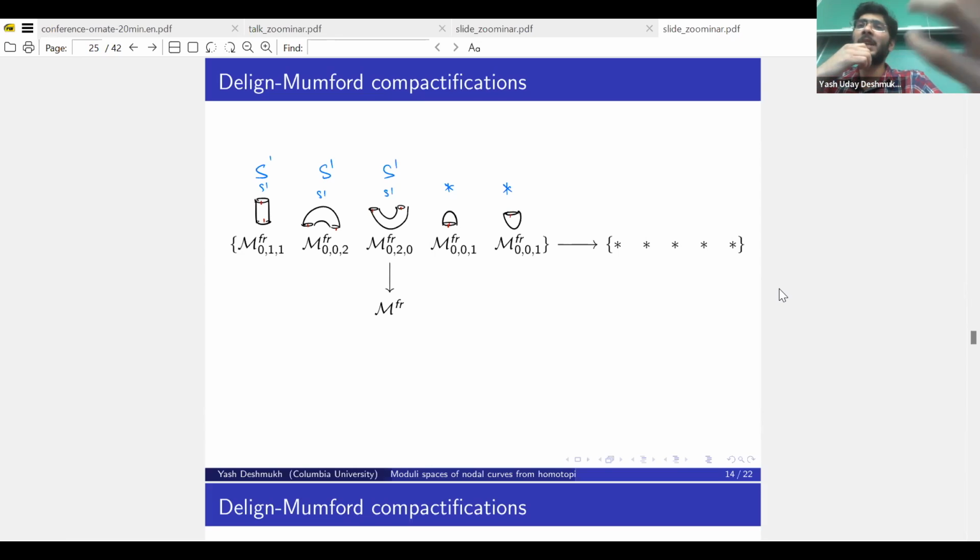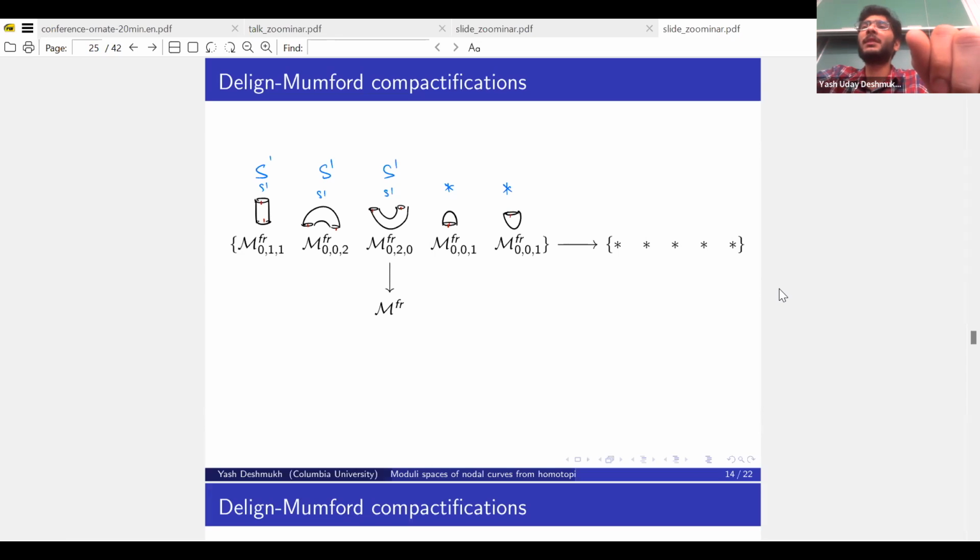So the moduli space of annuli with choices of this parameterization on both ends, they are homotopy equivalent to a circle. So this is for all three moduli spaces of annuli, they are homotopy equivalent to circles, and the rest of them are just moduli spaces of disks with a parameterized boundary, which is just a point.